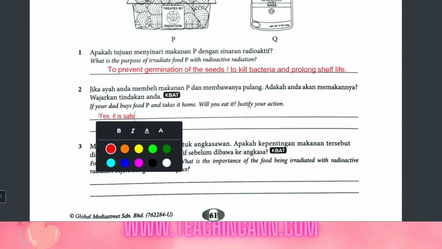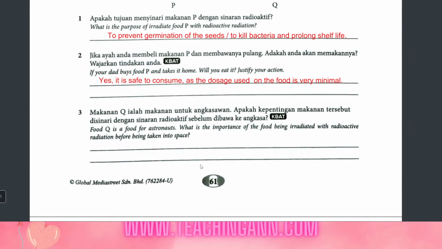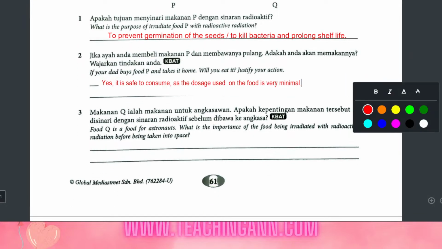Okay, the amount is minimal, no need to worry.